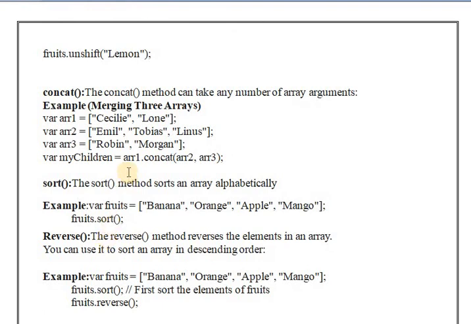Concat means we can join array 2 and 3. This theoretical part we discussed in our theory video lectures, chapter number 2, array, function and string. In this chapter we discussed all these points already. Okay.